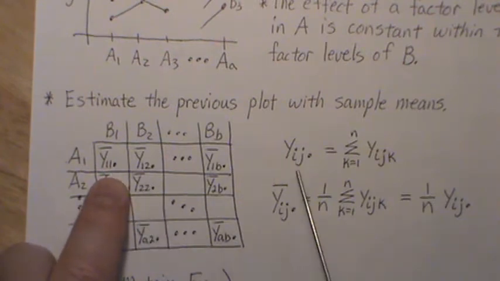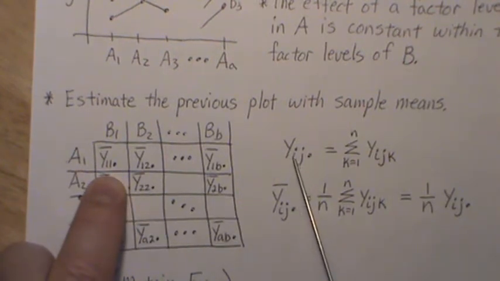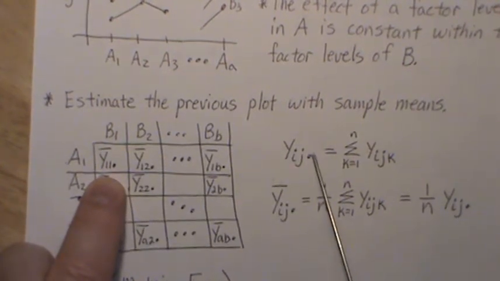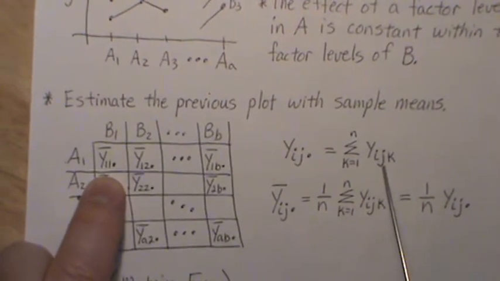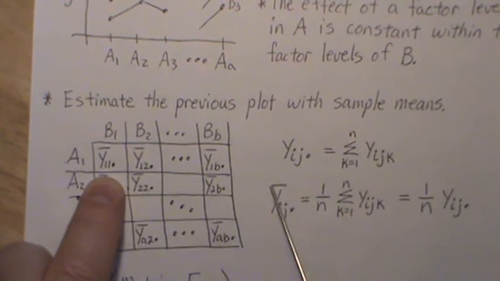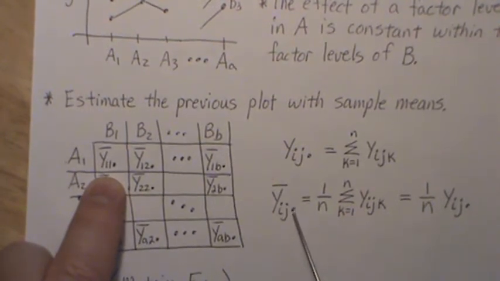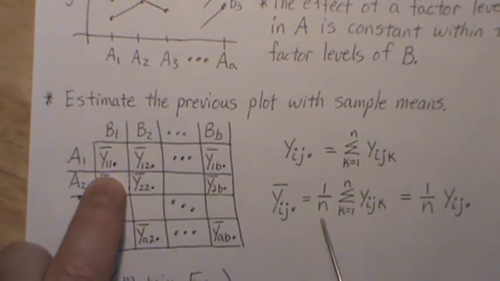Whenever there's a dot, it means we add up over that index. So for instance, y_ij dot means we're summing over the kth index. Now, if we put a bar above it, it means we've added up over the kth index, but that bar means we divide by how many there are.